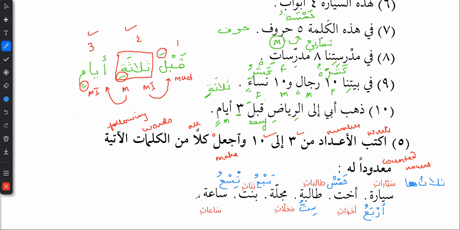And then you can take any other random ma'dud for number 10. So I will take baqarat. How many baqarat? 10 baqarat. Now, if this is feminine, what is the name of number 10 in male?